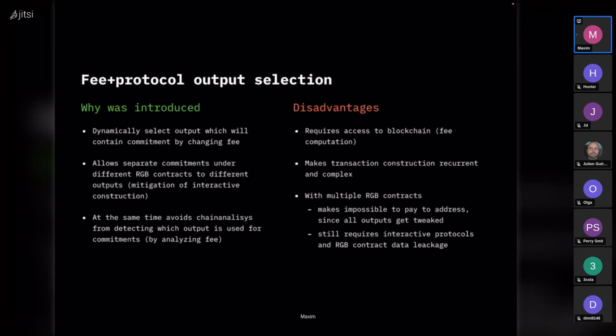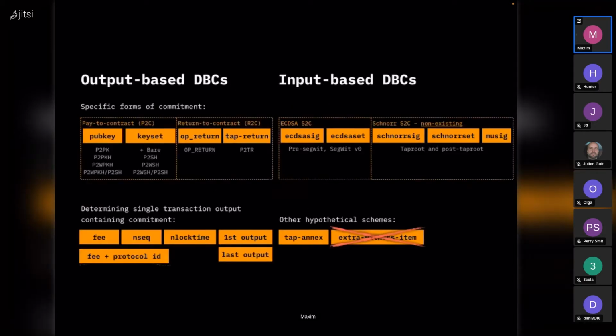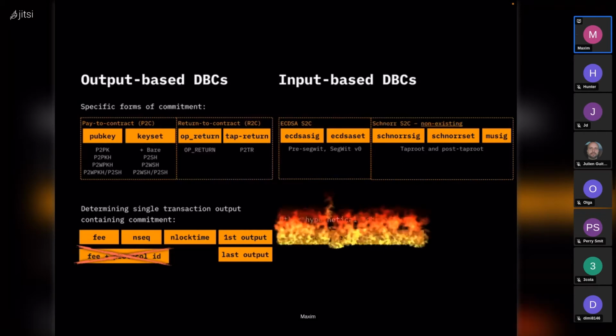It still requires interactive protocols, which leads to private data leakage. So we say that probably it's the part that we have to get rid of, and we need to use some other form of deterministic definition of the transaction output with the commitment.